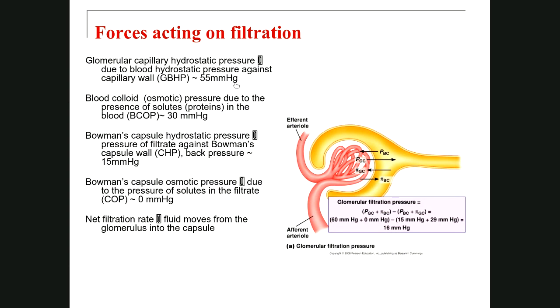The other pressure is called blood colloid osmotic pressure. This blood colloid osmotic pressure is due to the presence of protein in the blood plasma, like albumin, globulin, and fibrinogen. The blood colloid osmotic pressure opposes filtration by drawing water from the filtrate back into the plasma within the glomerulus.